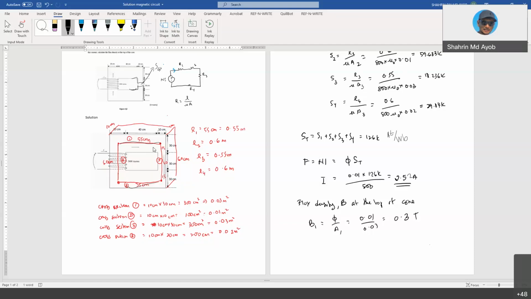Because as you can see, for the first and second section, the cross section is different. The cross section for section 1 is this big, but the second section, the cross section is actually this big. It's not equal, so every section you need to calculate.